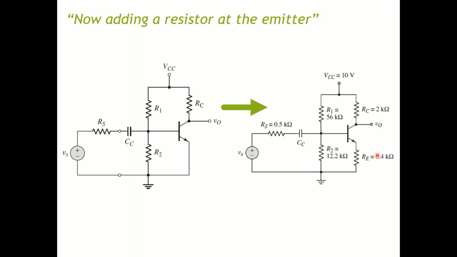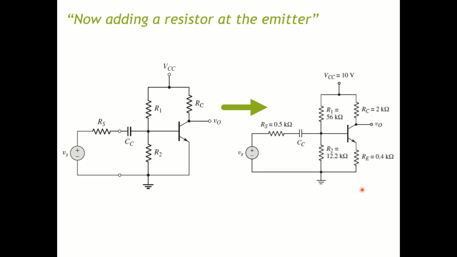In that lecture, we know that if you add a resistor to the emitter, we can stabilize the Q point against different variations of the amplification factor, beta. Likewise, if you apply this emitter resistor to your AC amplifier circuit, you can do the same thing.